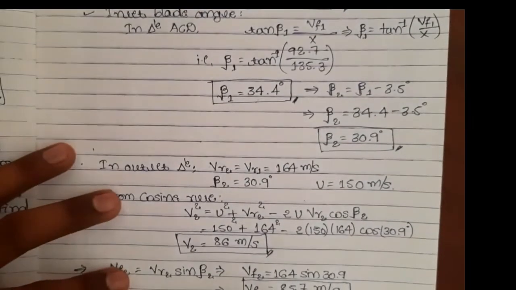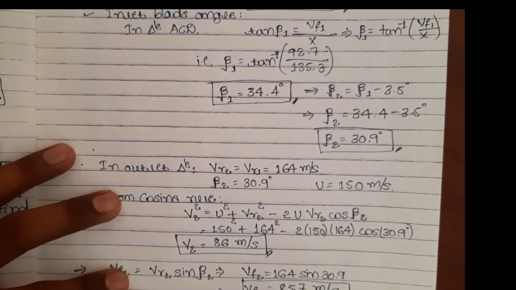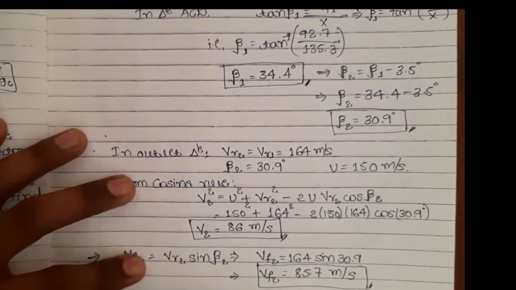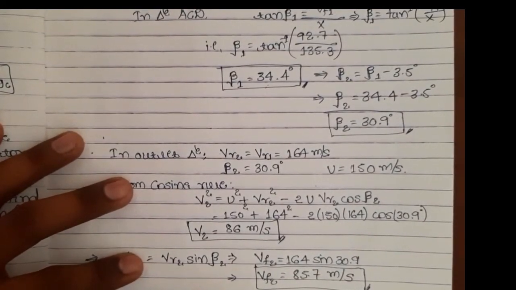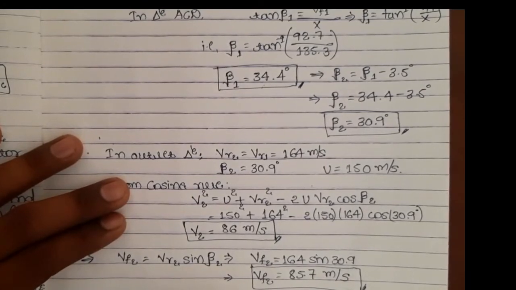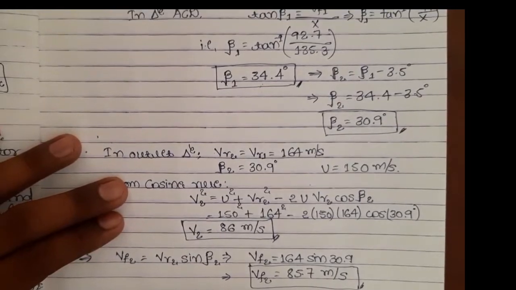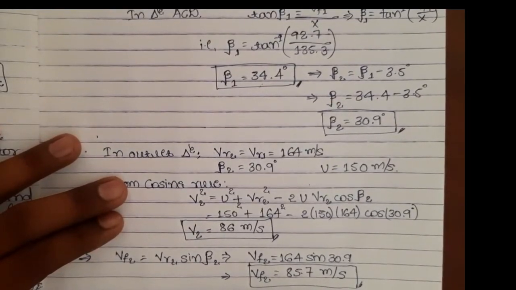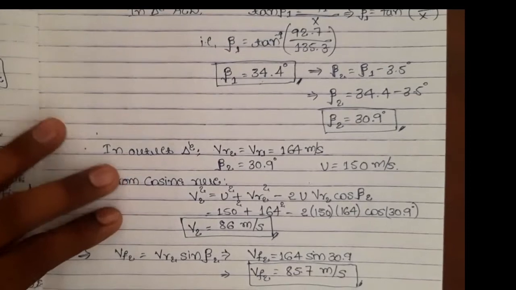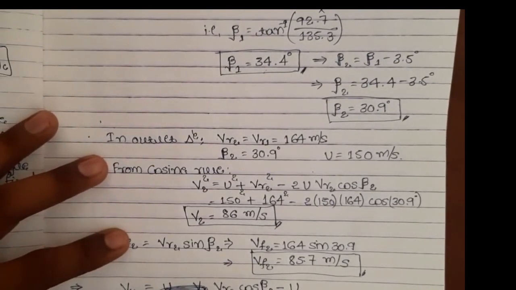Xz is nothing but VR2 cos beta 2 minus U. So VR2 is 164 cos 30.9 minus U, which is 150. Upon calculation, you will get this value as minus 10 meter per second.